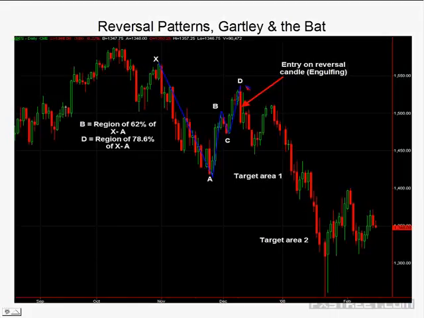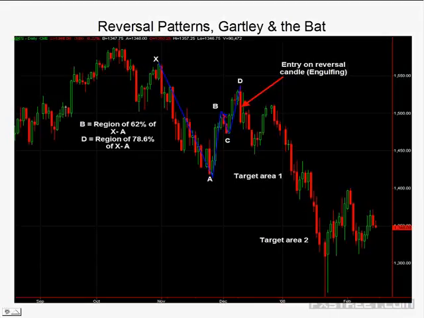Where does it move back up to? Well, it moves back up to, from X to A, 61.8, or just 62% we call it. And then from D, it then decides to move on down. So, in fact, I've led you slightly astray there.